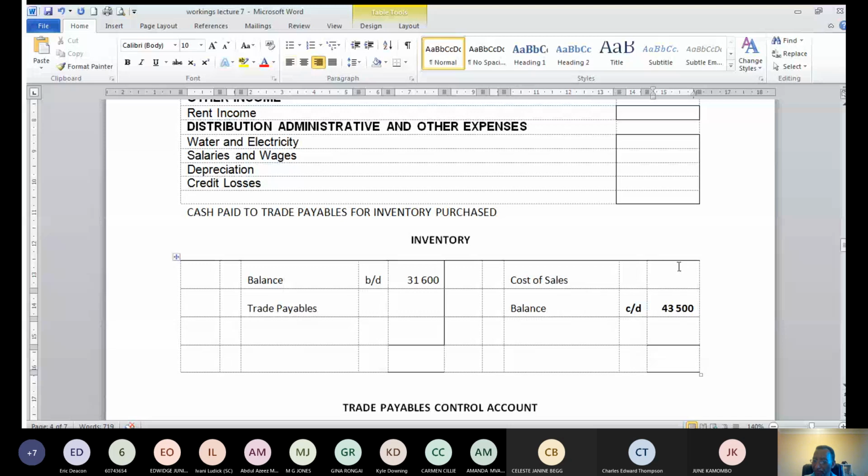From your statement of profit and loss and other comprehensive income, we have sold stock. The purchasing price of those items that we sold was an amount of 320,800 Rand. That is therefore the amount of cost of sales.